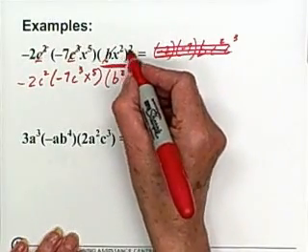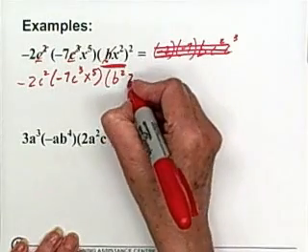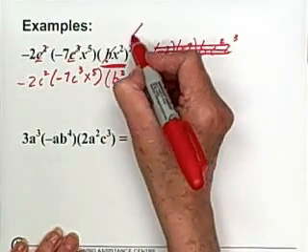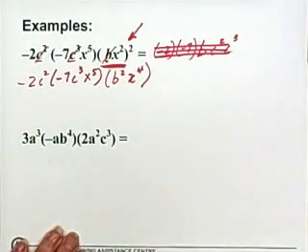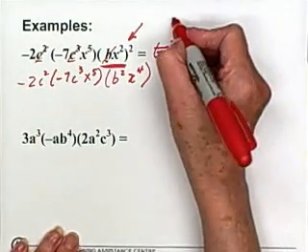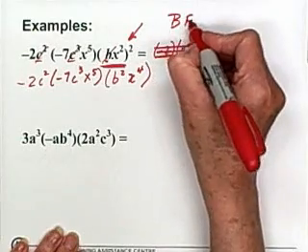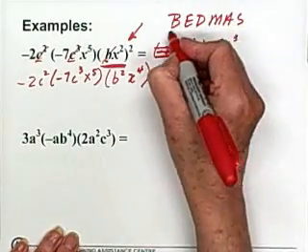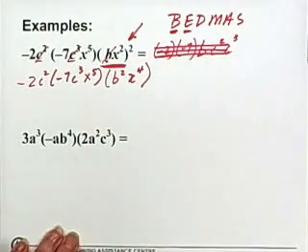So the 2 is multiplied by the 2, and it becomes x to the fourth. So again, the first thing you have to deal with is that bracket because it's squared. If you remember BEDMAS, order of operations, brackets and exponents are the first two things that you need to deal with.